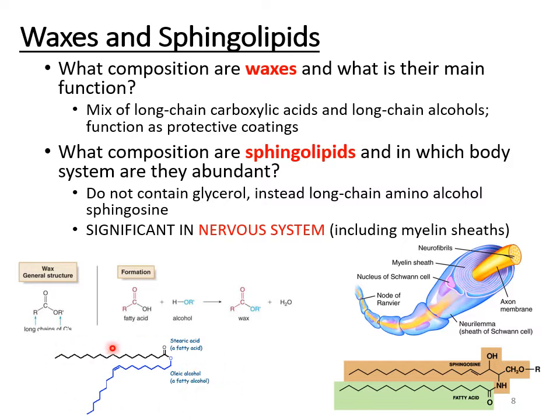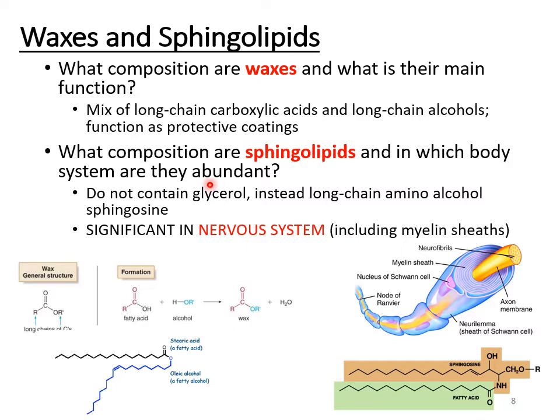So as you can see in this example, you have the fatty acid here and then the long-chain oleic alcohol. They're very important in terms of being protective coatings. You find them in both plants and animals. You've all seen something waxy and you know how hard it might be to penetrate that kind of coating, so it serves that function well.